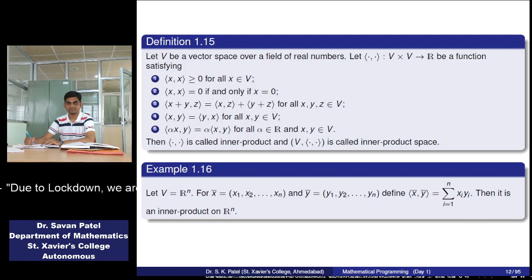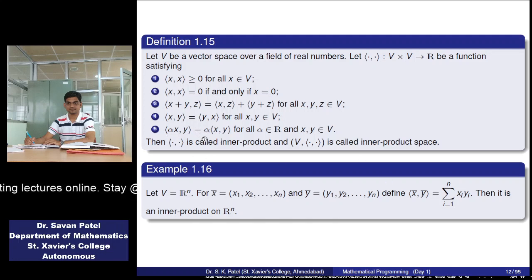If summation of xi square is 0, then each and every xi square is 0 because all the terms are non-negative and the sum is 0. That implies xi is 0, which means x is the 0 element in V. And again, if x is the 0 element, then 0 times 0 is 0 and its summation is 0.